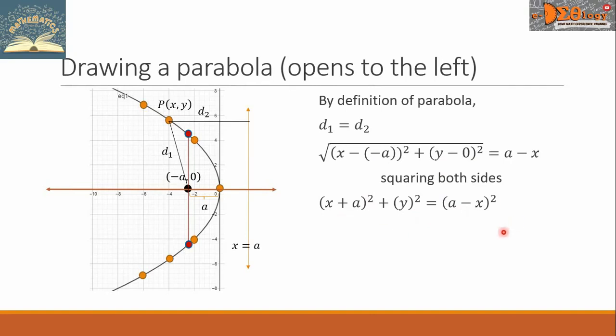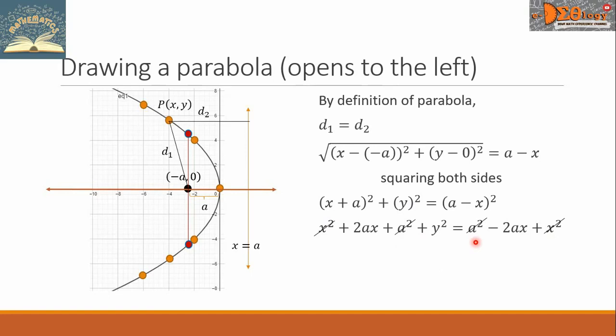Let us expand the squares. The left side becomes x squared plus 2ax plus a squared plus y squared, equals the right side, a squared minus 2ax plus x squared. We can see that this x squared and the other x squared on the right side can be cancelled out. Also, this a squared can be cancelled out with the a squared on the right.